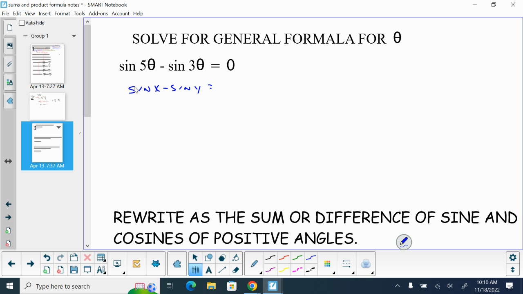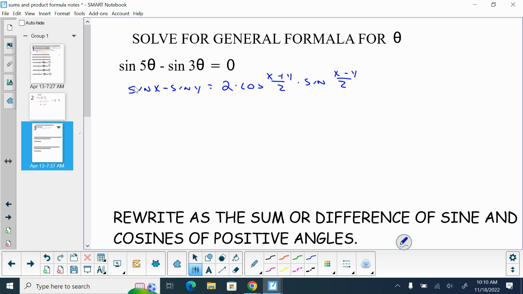So I look down here, I see the sine of x minus sine of y is equal to 2 times the cosine of x plus y divided by 2 times the sine of x minus y divided by 2. It should be the third one from the bottom. So all I'm doing is looking to see which one I have on the left-hand side.